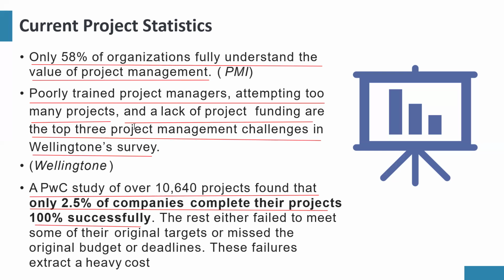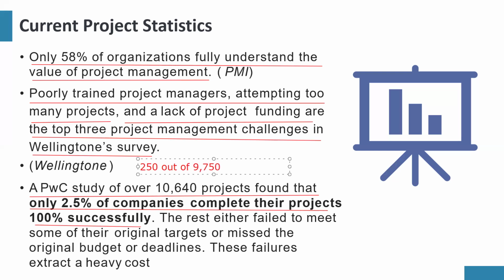I know it says here 10,000 projects were surveyed, but let's convert this to 10,000 companies, and 2.5% of companies complete their projects 100% successfully. What this simply means is that 2.5% of 10,000 is 250. So 250 out of 10,000 companies are the ones that complete their projects successfully.